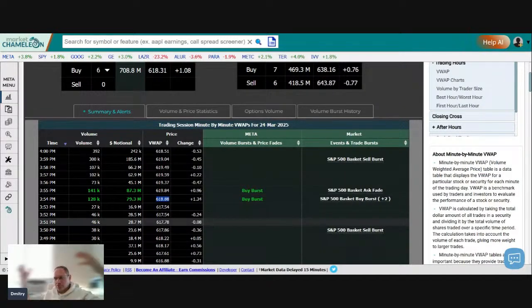So let's say the order book is typically 100,000 shares on either side, the 3 levels or whatever.